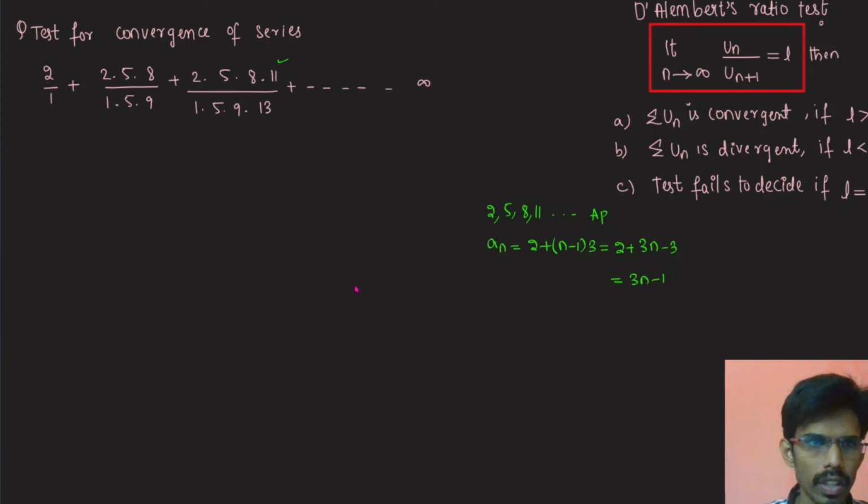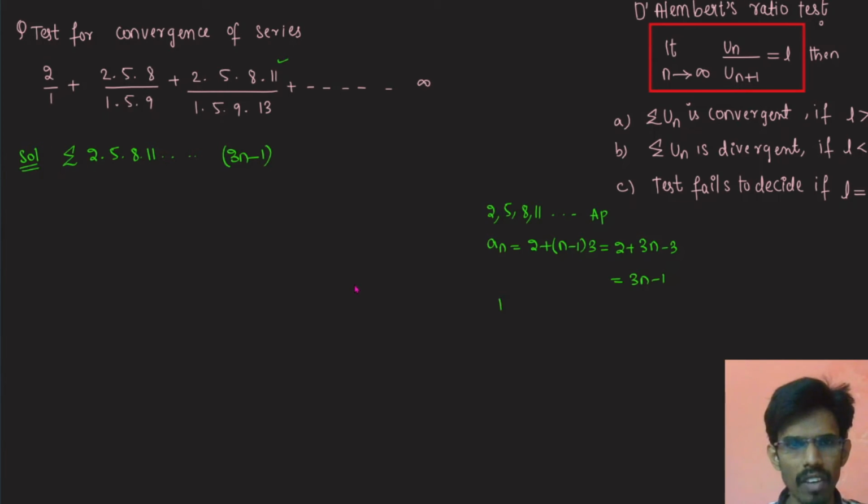So this given series can be written as sigma of 2 into 5 into 8 into 11 and so on up to 3n minus 1. Next, in the denominator we have 1, 5, 9, 13.